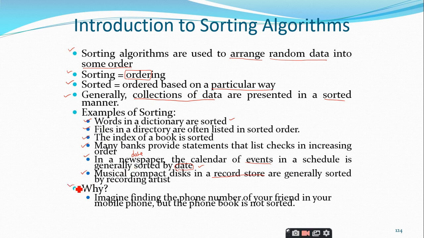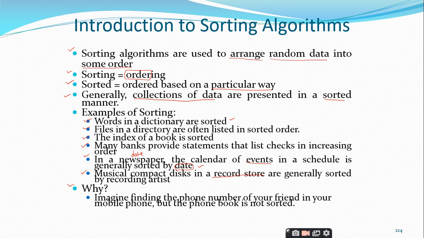Now let us see why we require this sorting. In the previous sessions also we have discussed a real life example where our mobile phone is implementing it, that is nothing but the contact list. If you have a contact list that is present in sorted manner, then searching for your friend's contact will be very fast.